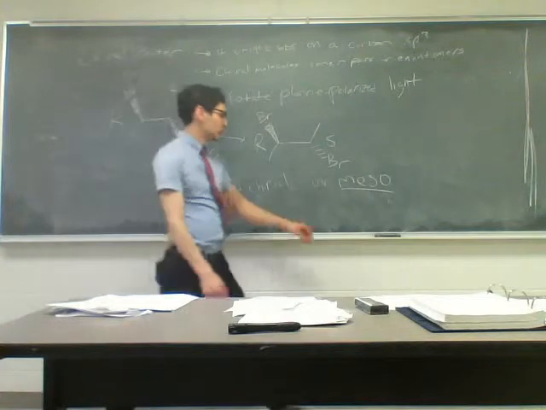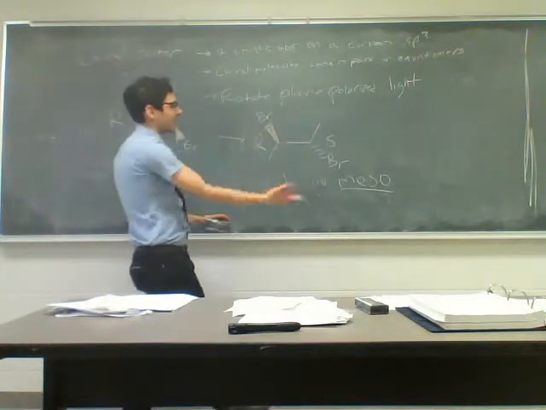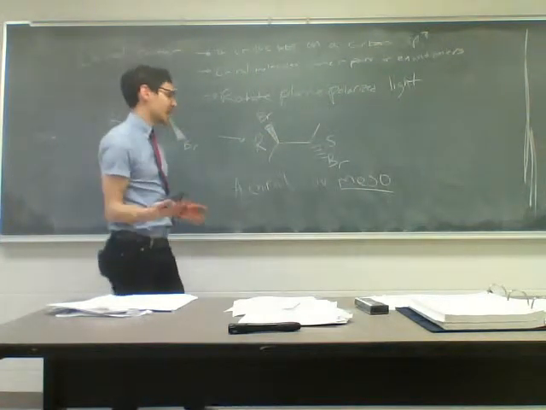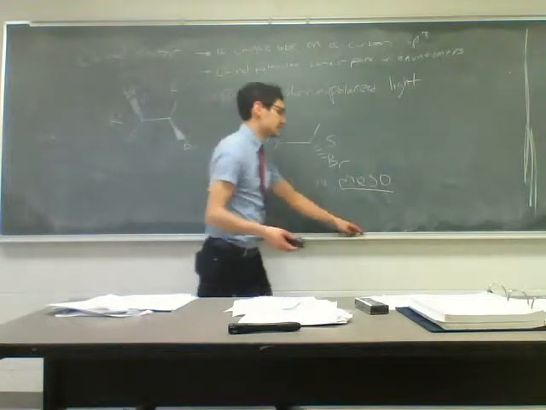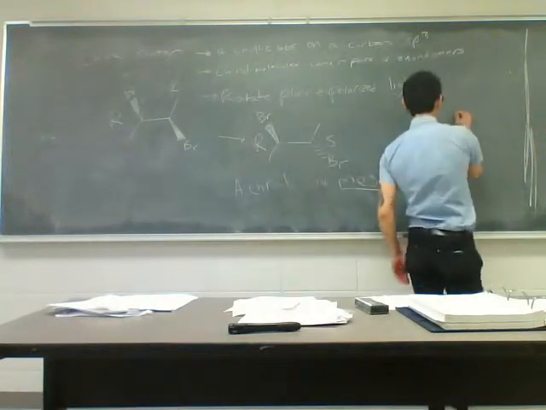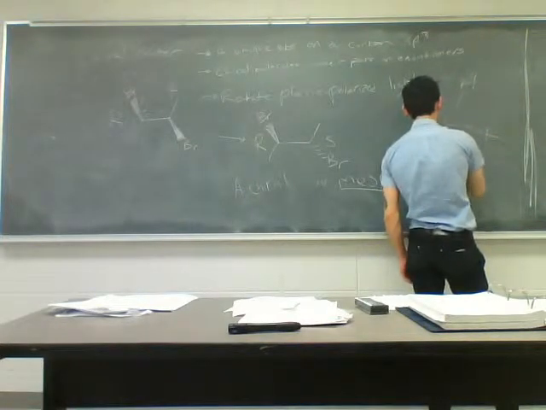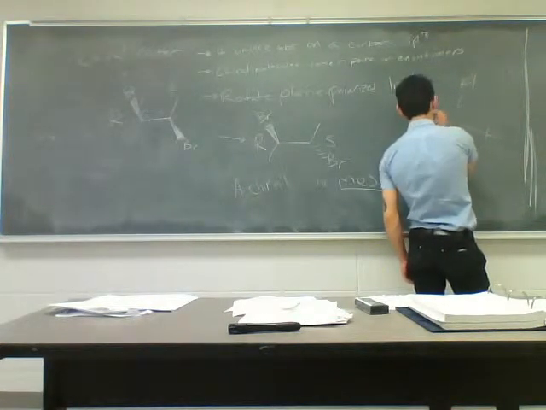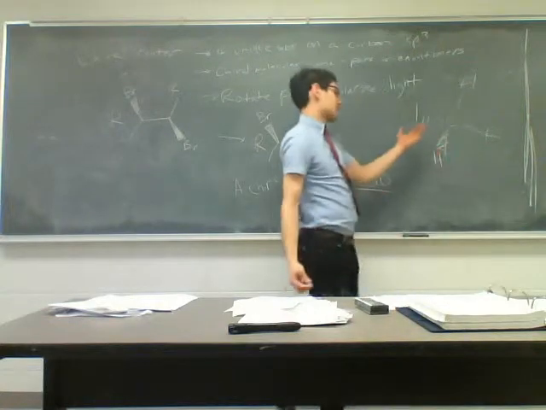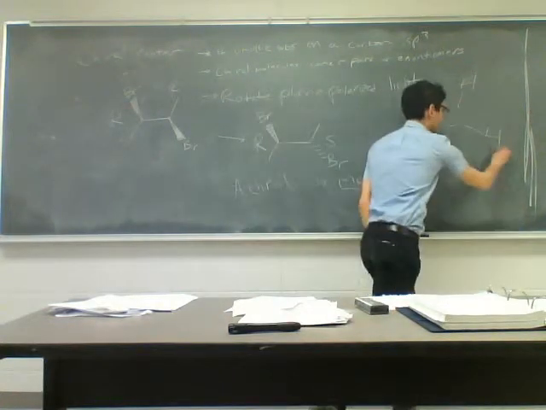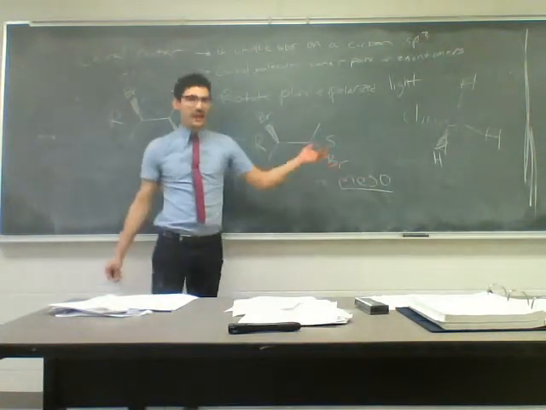So this compound is achiral and it happens to be meso. We can have compounds that are achiral and aren't meso. For example, if I were to draw this guy, that molecule is just achiral. Let's put another line on that H. That's just an achiral molecule.